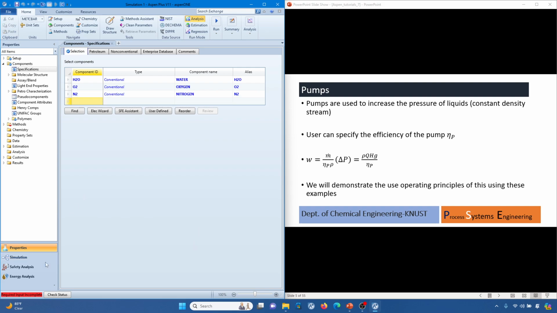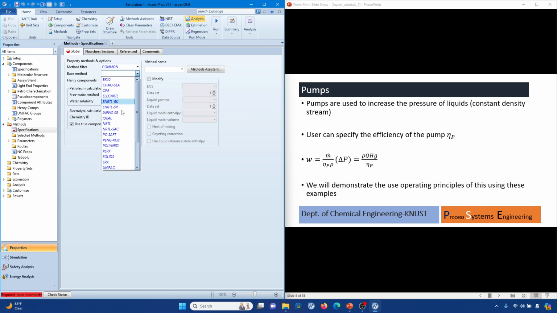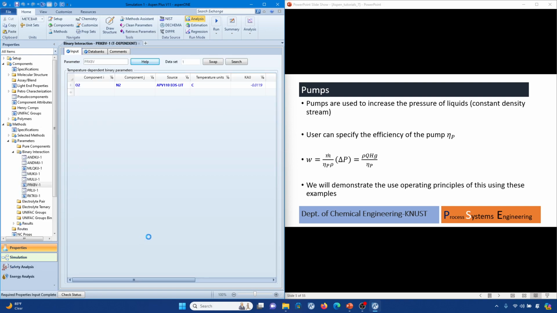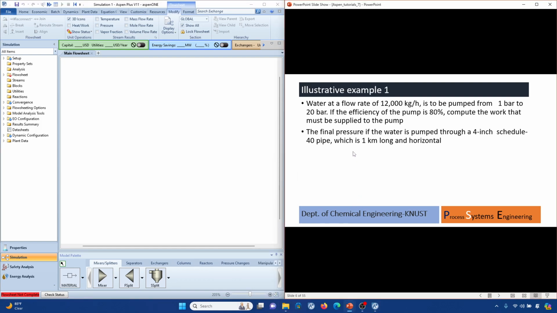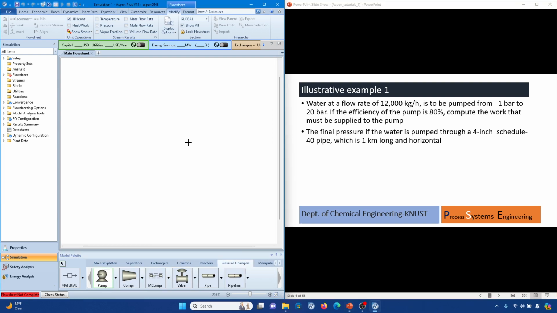For our method, let's use Peng-Robinson. And we go to our simulation environment. So our first problem is pumping. Come to the pressure changes tab and add a pump.